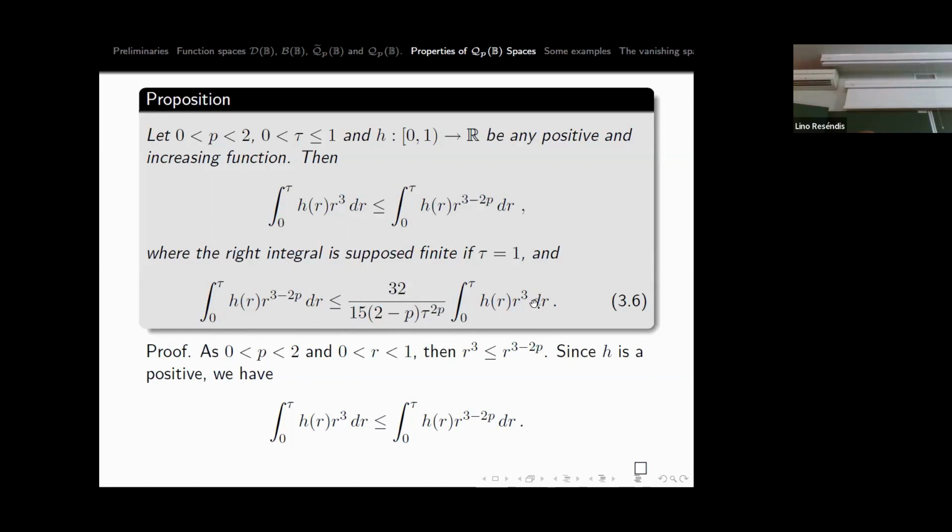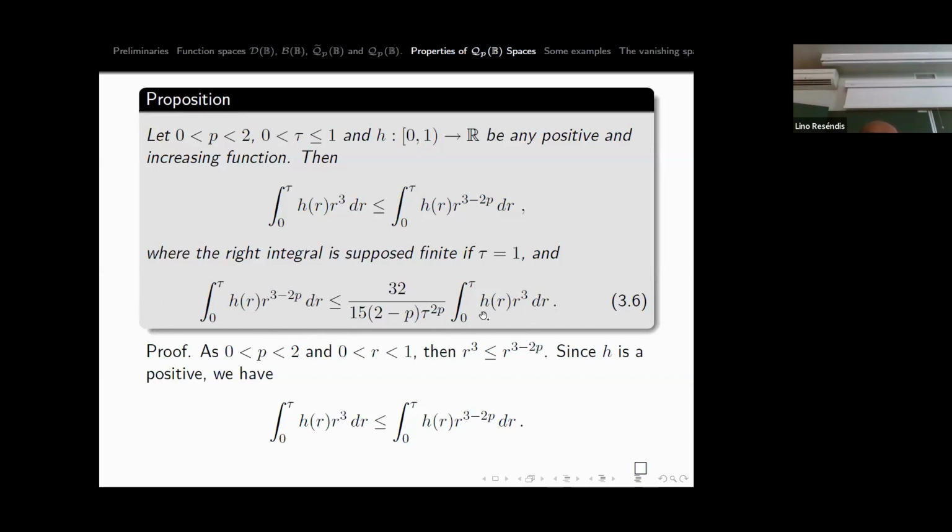The proof is not difficult, but it's necessary to use some tricks to estimate this integral. It's not straightforward. It's necessary to make some calculation, but this is the main reason, because here we have some singularity at the point 0, and here not.